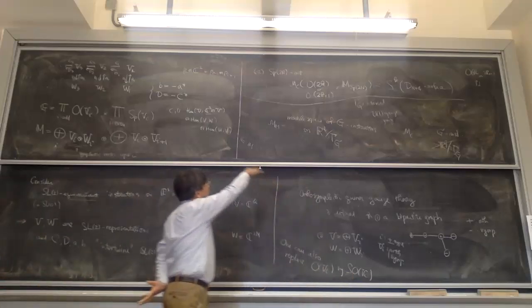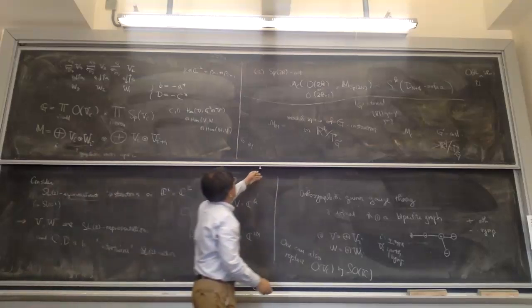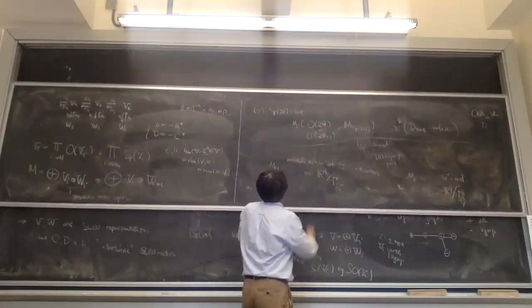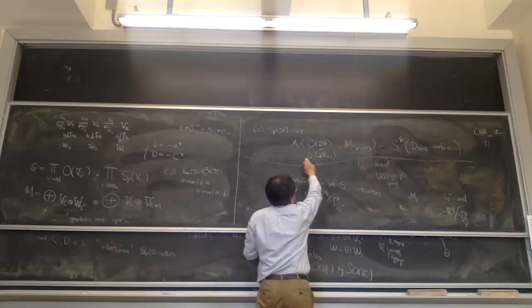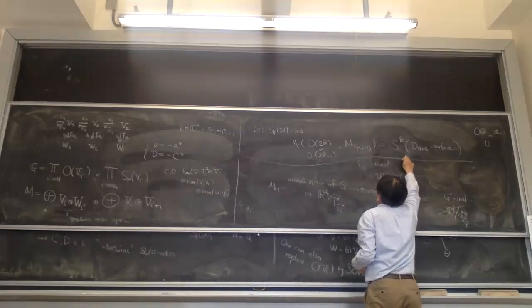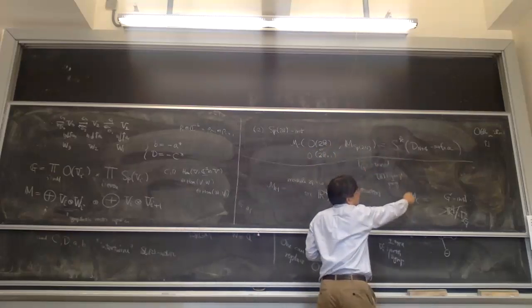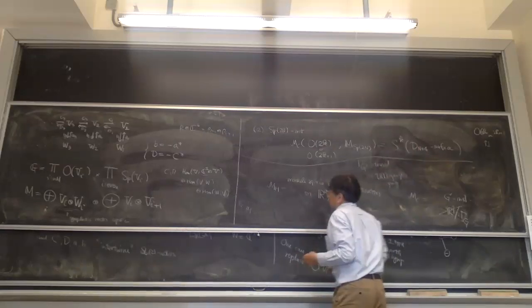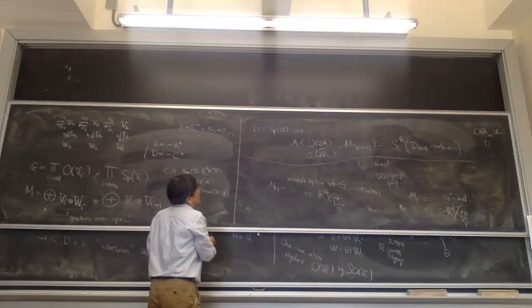In this particular example of the Jordan quiver, if I consider SO of 2k or 2k plus 1, I think the Coulomb branch is unchanged. But if this is SO of 2k, then the Coulomb branch is a double cover of this one. I'm not sure what this means, but this is just the checking.